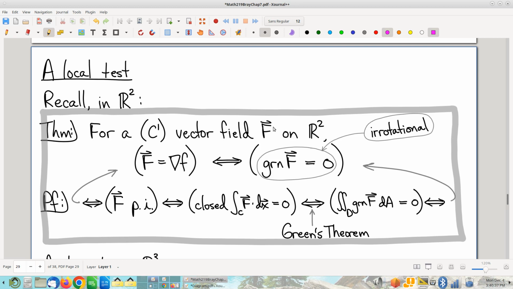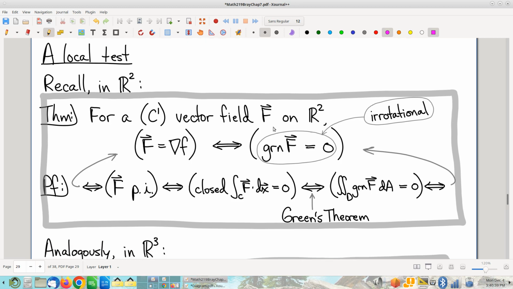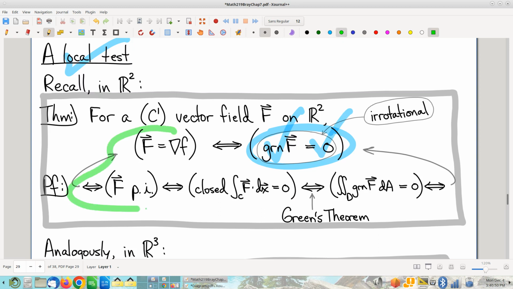Okay, a real quick fill in the blank. Old news. We've seen this before. Reminder, the idea of a local test. A local test in the two-dimensional case is that if you compute Green's operator and if you get 0, that tells you if your vector field is a gradient, aka if it's path independent, which can be alternatively phrased as closed circulations, in other words, all being 0.